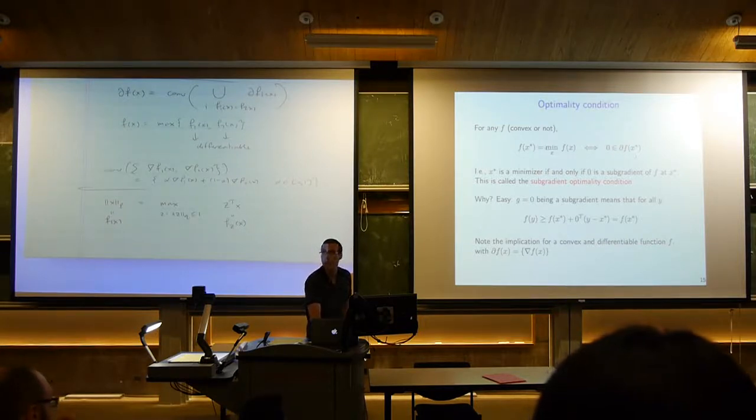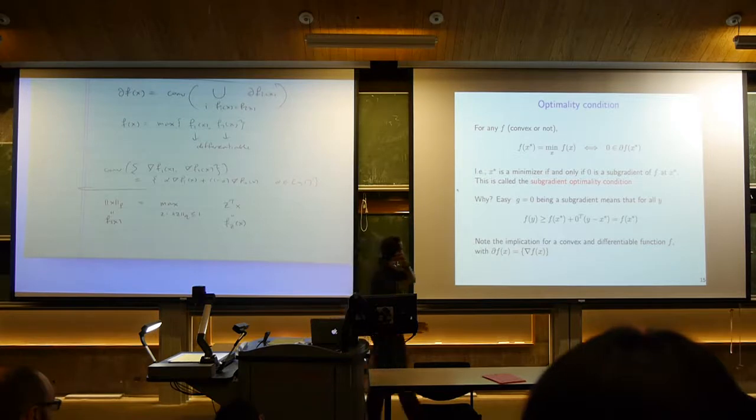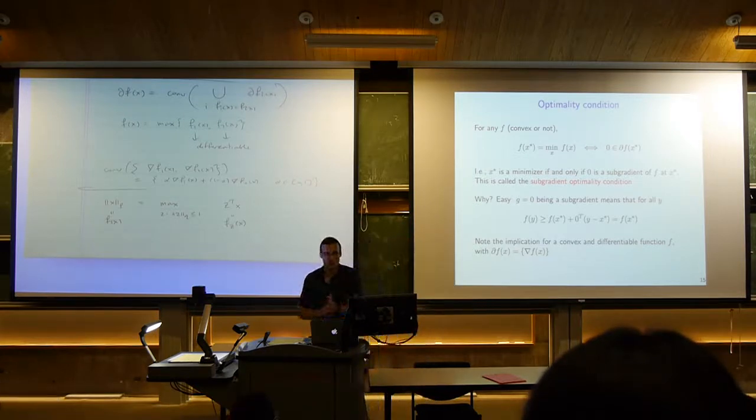So this is true for every function, convex or not. To rephrase, x star is a minimizer if and only if 0 is a subgradient of f at the point x star. This is often called subgradient optimality.